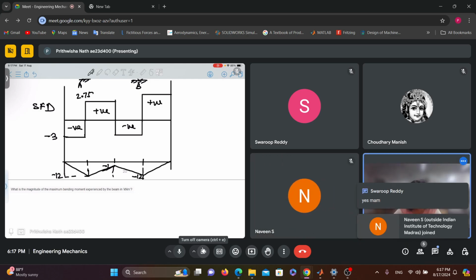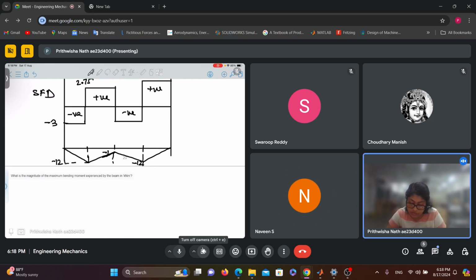Okay. Now, what is the maximum bending moment? You can see from this figure, from this BMD, right?